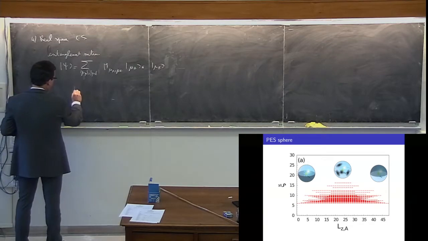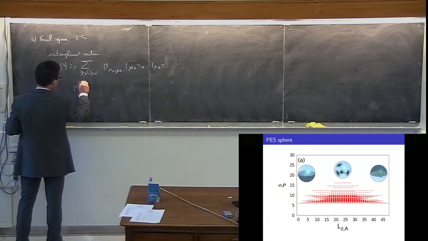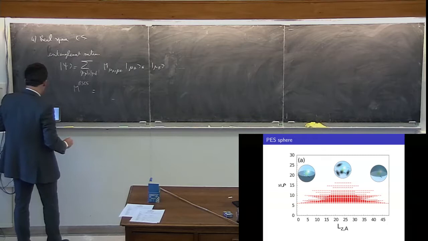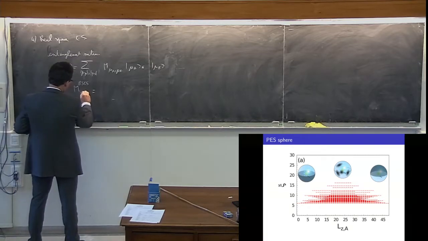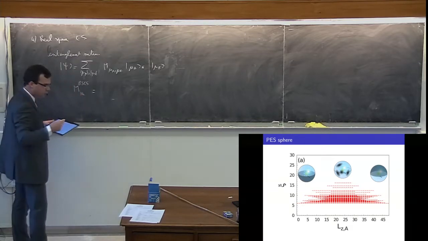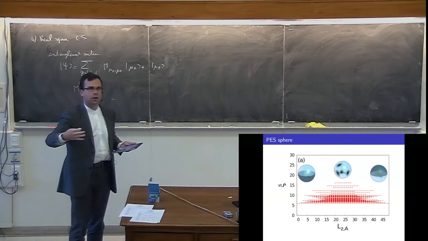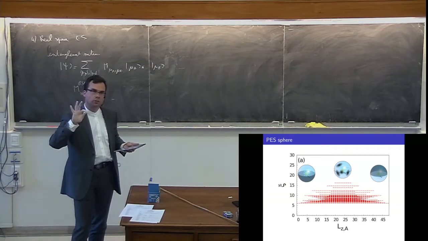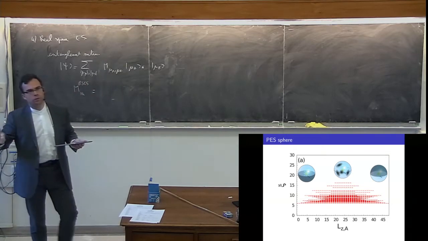What you can show is that the entanglement matrix for the real space cut is actually, for a given number of particles, remember that for the real space, in principle, you can have all your particles in A. So let's focus on a single block of the entanglement matrix. The entanglement matrix is block diagonal with respect to N_A.